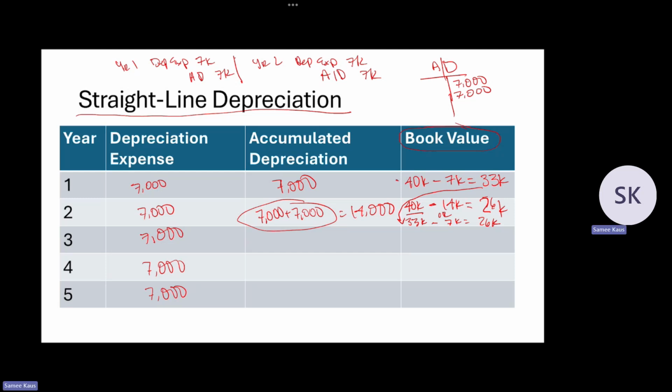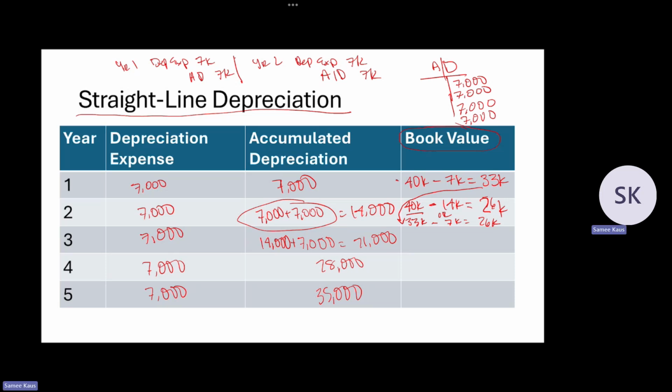So how much do you think our accumulated depreciation is going to be at the end of year 3? Well, I'm going to take what I started with and add another 7,000 to it, so I'm going to have 21,000. I'm going to do this every single year, increasing that balance by 7,000, all the way until I get 35,000 in my total accumulated depreciation.